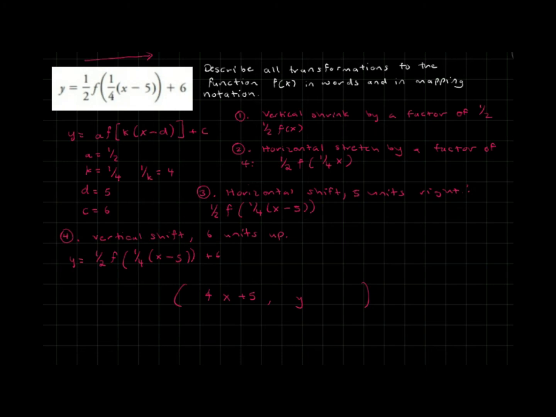For y, I had a vertical shrink by a factor of 1/2, so 1/2 y, and a vertical shift 6 units up, so I added 6 to y. This is what our mapping notation looks like, the transforming equation, and we can use it to change our points x and y in function f to our transformed function g of x.